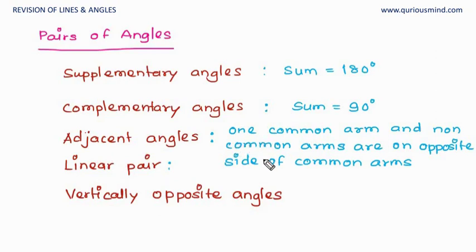When we have two adjacent angles whose sum is 180 degree, or the angles whose non-common arms make a line, then we call them linear pair. Vertically opposite angles, these are the angles formed by intersecting lines and who do not share any common arm but share common vertex.